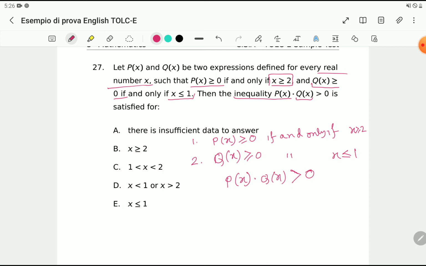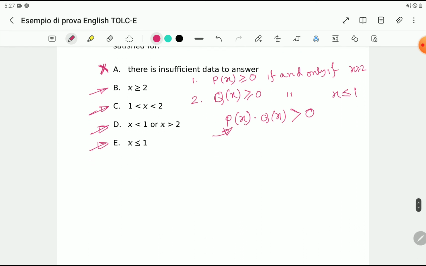When function a, there is insufficient data to answer. We don't know, so we can cross it out. I think there is insufficient data, so we can solve this problem. We have to find out which range of x values is correct for this inequality.